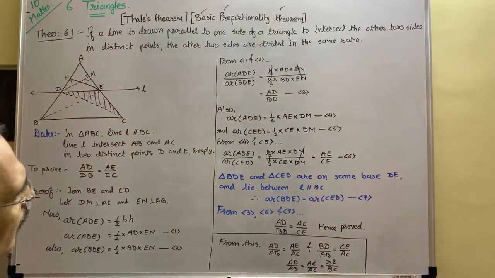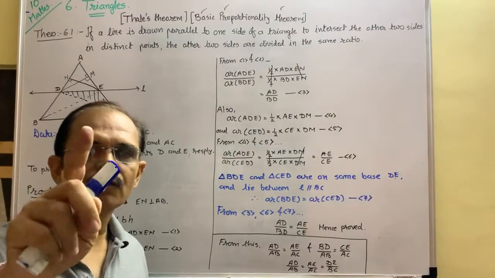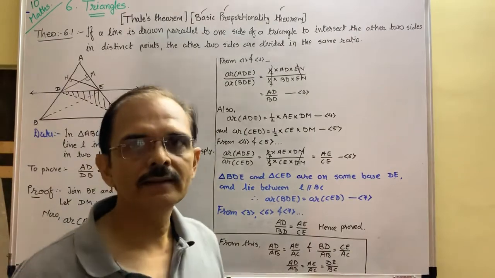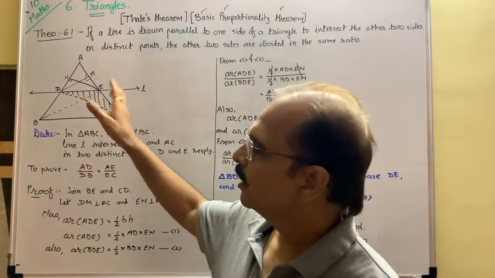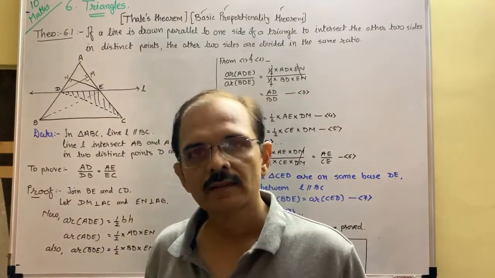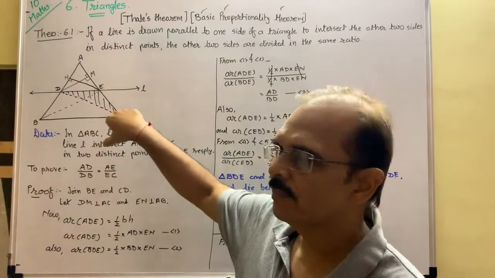So theorem number 6.1, write it 5 times. Remember, write it 5 times, this theorem. And you have to write this theorem by changing the names. Don't copy this. Copy it only for one time. Means your first time is of ABC.